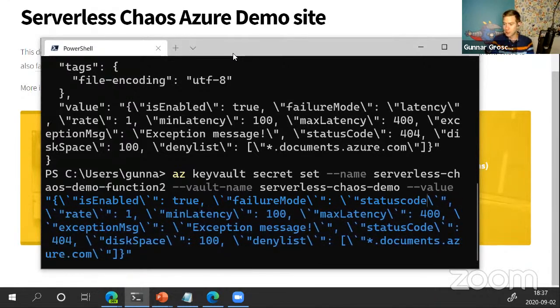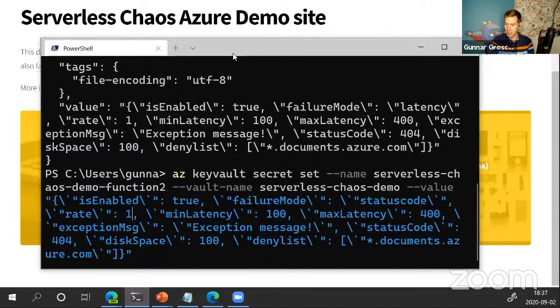Spelling status code, which means that instead of responding with 200, it will respond with the status code that I set. In this case, I'm using, this is the setting, status code 404. So it will return a 404 instead.